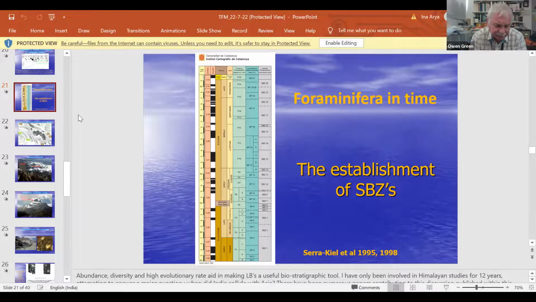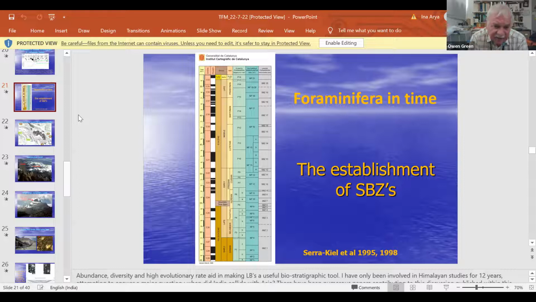But what was particularly useful was that I found there'd been work to establish what they call SBZs, shallow benthic zones. This work had been done by Serra-Kiel et al. in the late 1990s, 1998.